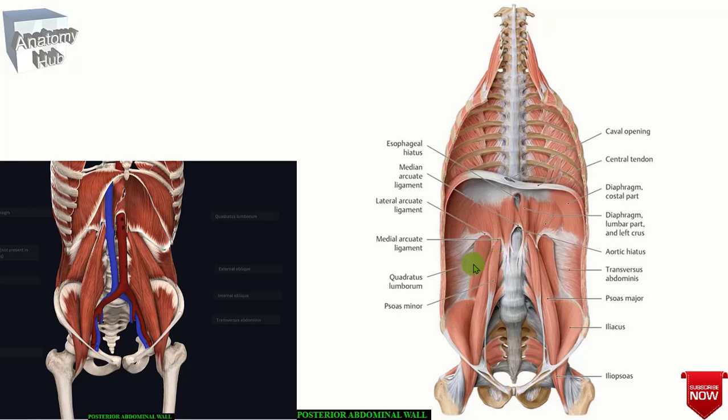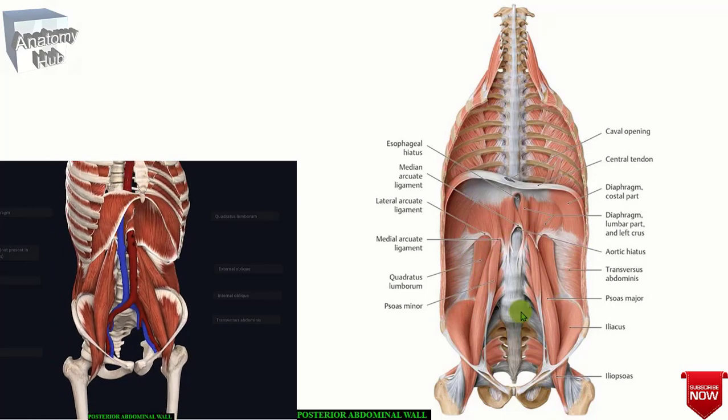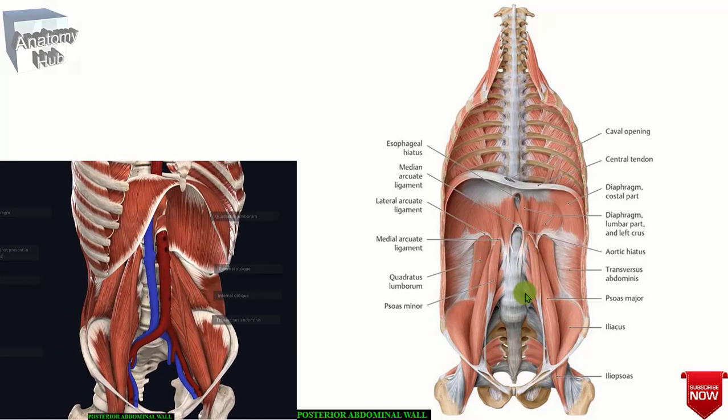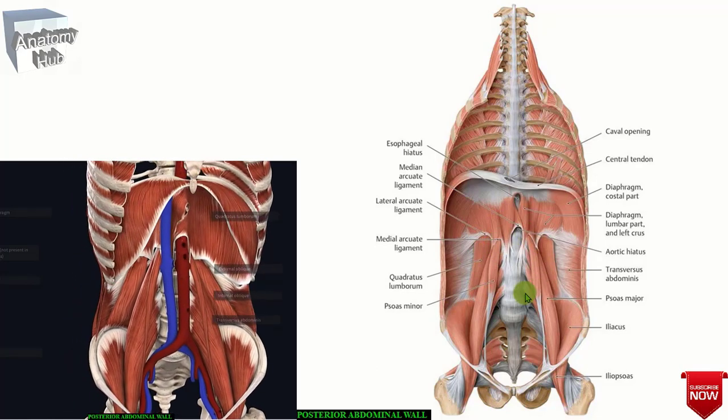Five muscles mainly comprise the posterior abdominal wall, and the fascia is mainly the psoas fascia covering the psoas muscle, the fascia iliaca covering the iliacus muscle, and the thoracolumbar fascia that you can observe over here. All these are structures related to the posterior abdominal wall.